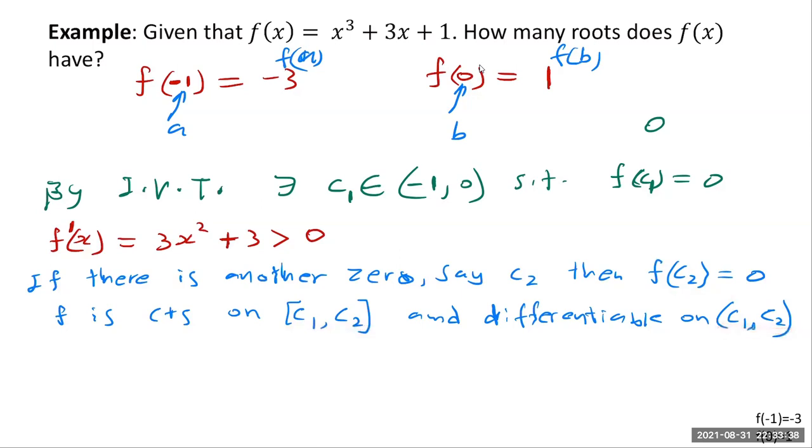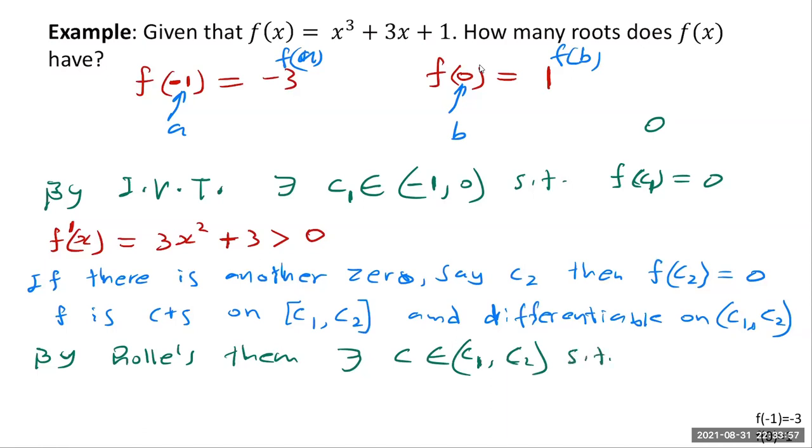So by Rolle's theorem, there exists C between C1, C2, such that f prime of C is equal to 0 by Rolle's theorem.